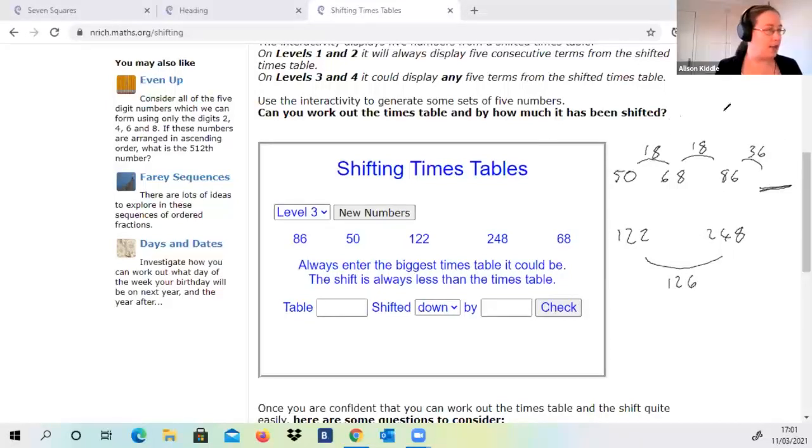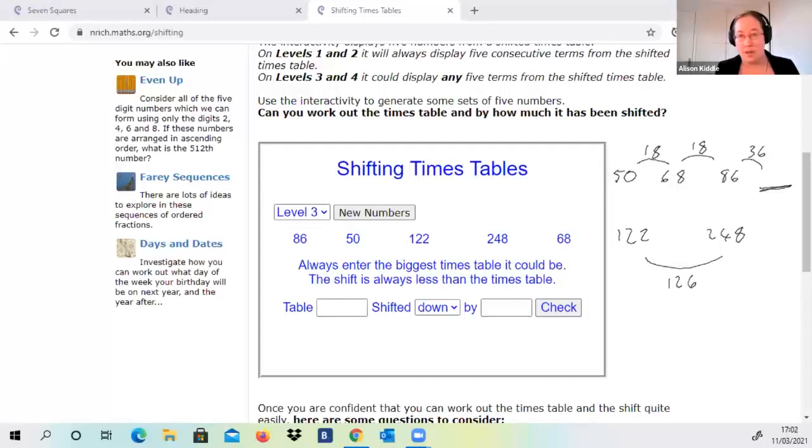So that means that we've got the 18 times table, and then I just need to find something in the 18 times table to work out what the shift is. And Alida says that it's down by 4, and Isabel says that it's up by 14. I think both of those will work, because 14 plus 4 is 18, and that's another question that you could invite students to think about.